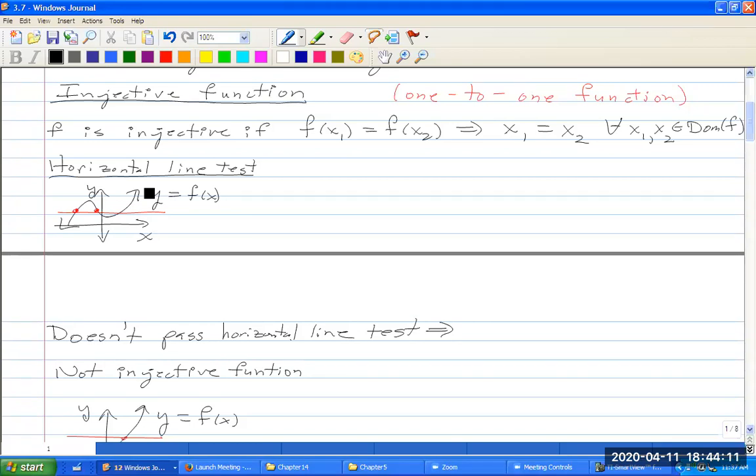And so, if a curve does not pass the horizontal line test, and is the graph of a function, then this is not an injective function. It is not one-to-one.